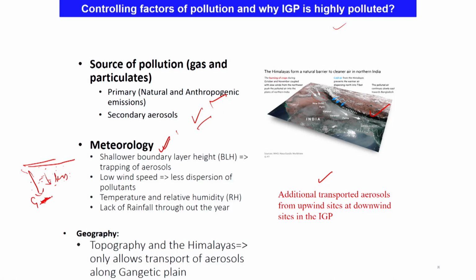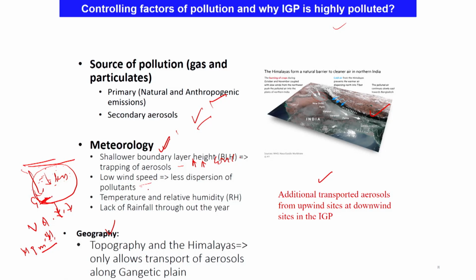You have less volume, and this means the concentration, if I report in microgram per cubic meter, will be much higher. So if you have a shallower boundary layer, this will trap the aerosols and lead to an increase in the concentration.